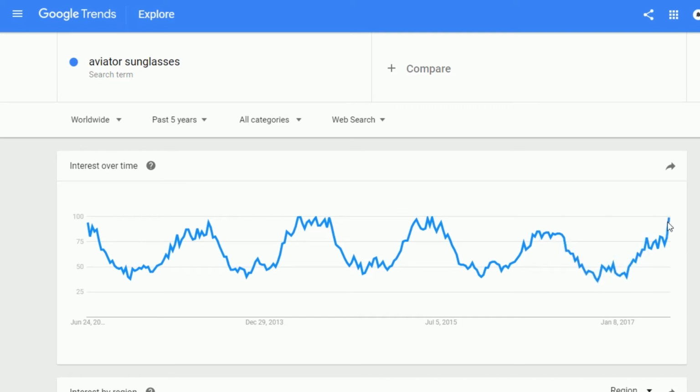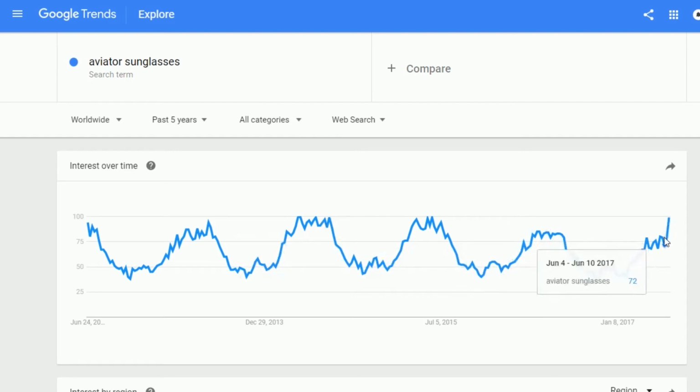And I expect what will happen is just like in the previous years, interest will peak, it'll stay stable for a couple of months, and then it'll fall off. But then the following year should repeat, okay? Because that's simply what it's done the last years here. Last year, the year before that, year before that.